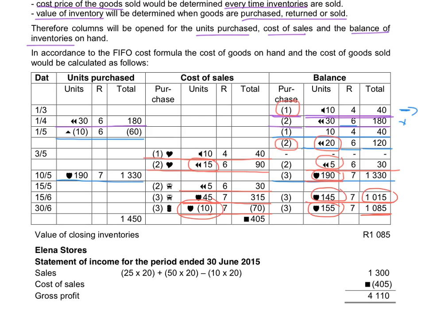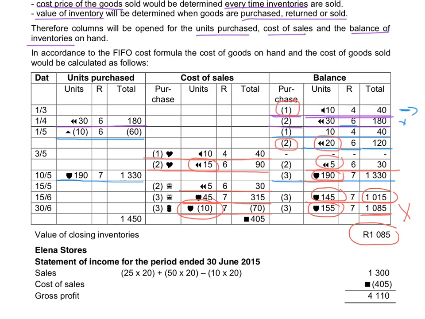So if we want to calculate my closing inventory, I look at the inventory that's left over at the end of the year, and that is the 1085. If I want to determine what is my gross profit, I have to work out what is the sales price.